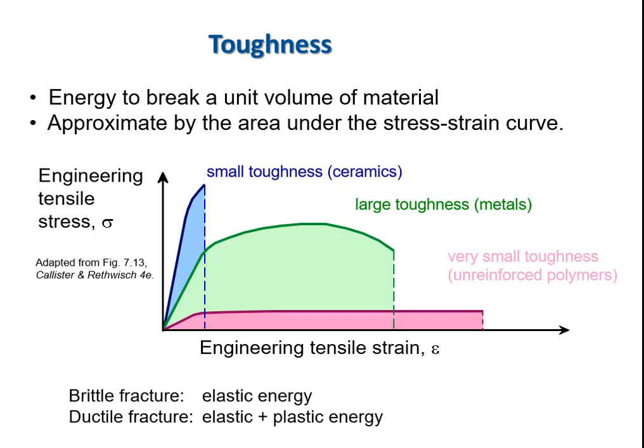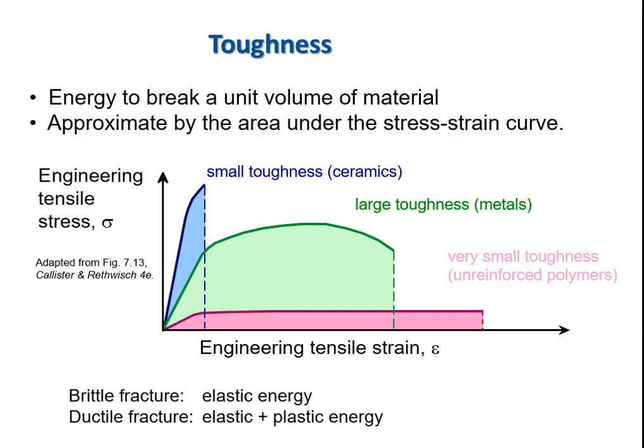So the total area under the curve is known as toughness, and for a metal, most of it is coming from plastic deformation.